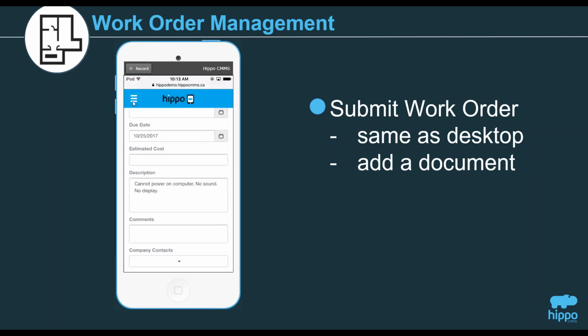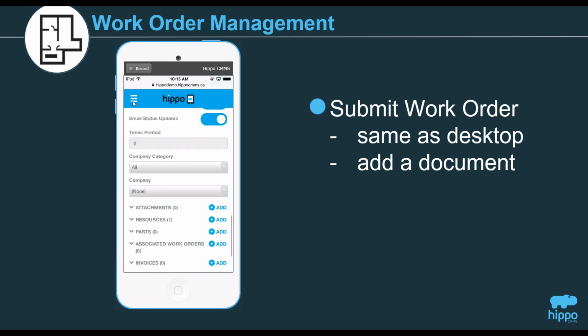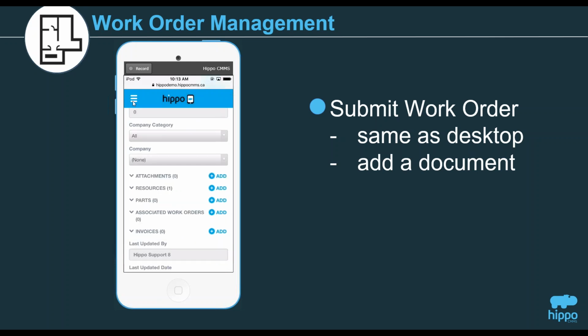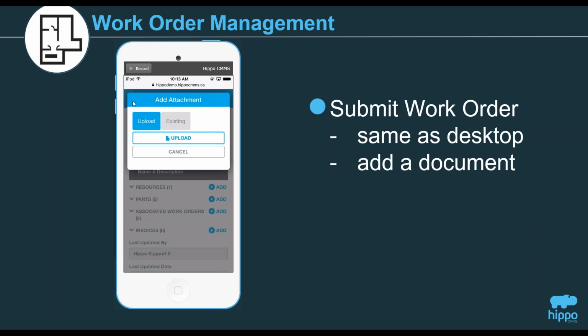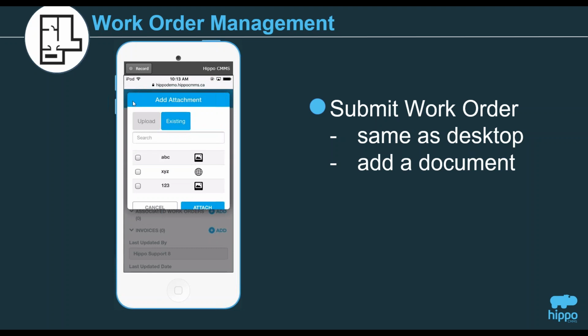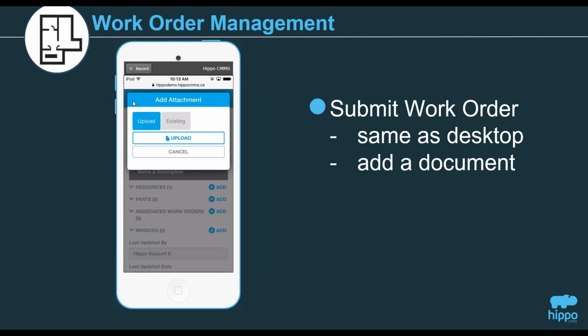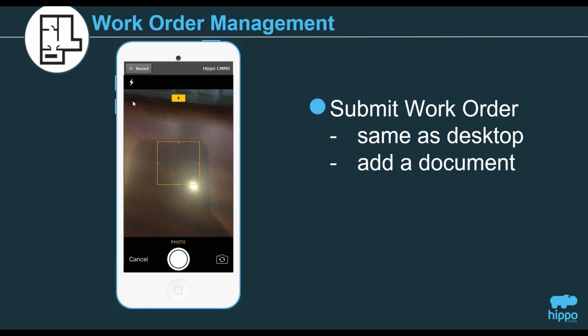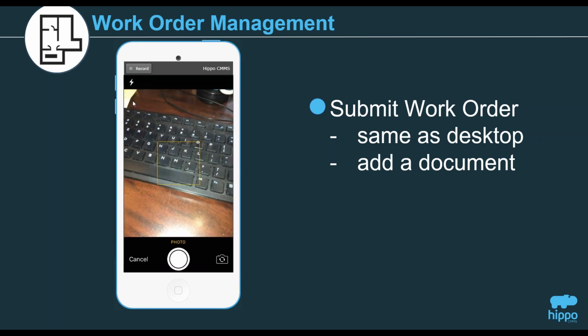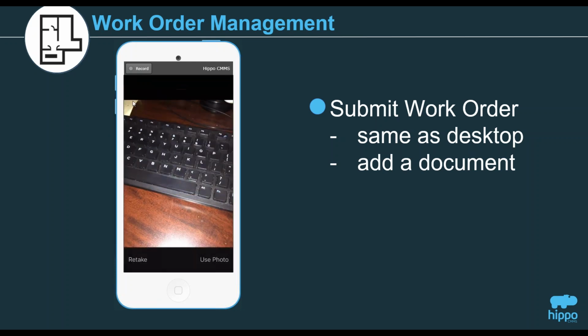Now, earlier I forgot that I wanted to add a picture. So I'm just scrolling down the list here and I'm looking at the attachment section. If I click the Add button, I can either upload a picture or choose an existing one from my Hippo. We'll click Upload, take photo, and then you can take a picture of the item that needs maintenance.